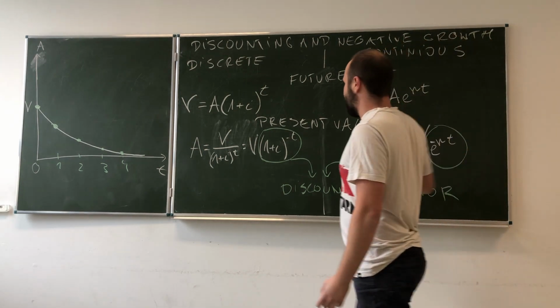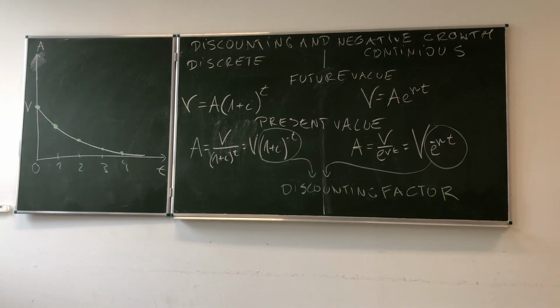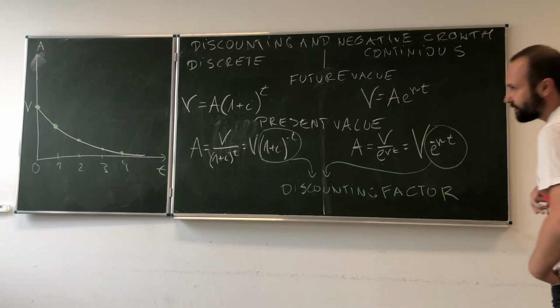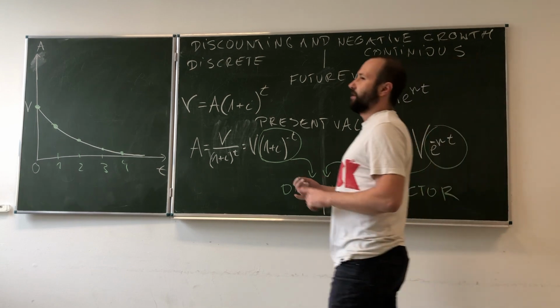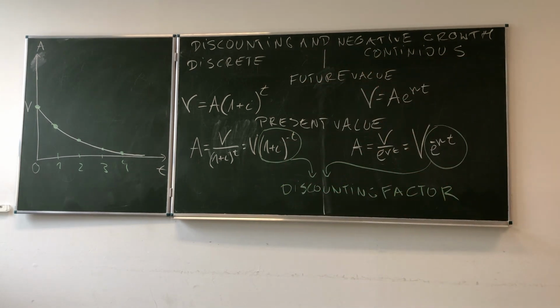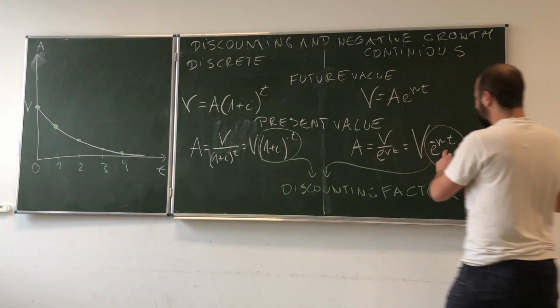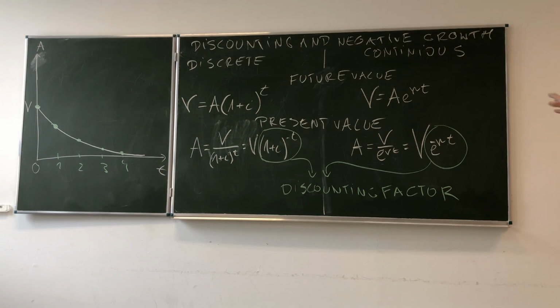This discounting factor accounts for the opportunity cost associated with putting money into a financial instrument, or simply into a bank, given interest rate R or I. We will be concentrating on R. And the higher the interest rate, the higher the opportunity cost of receiving money later.